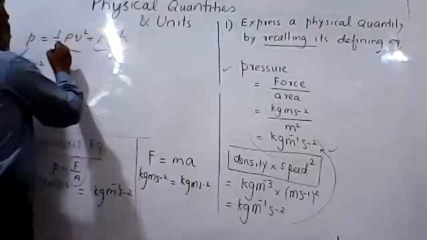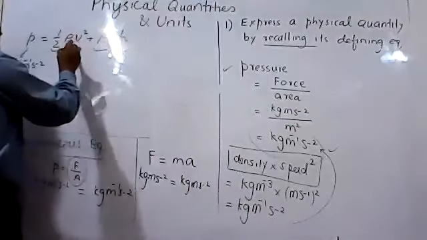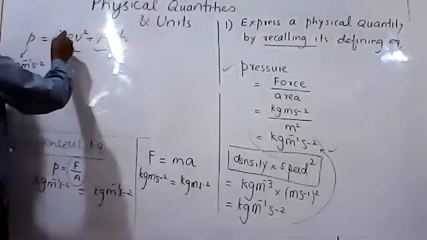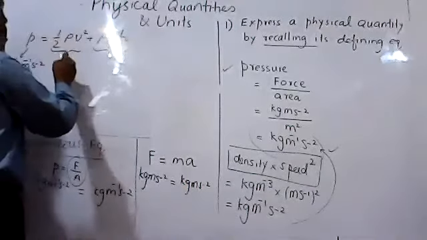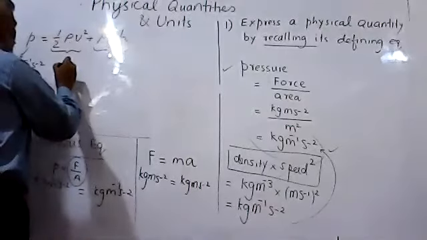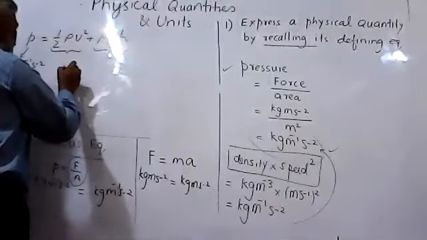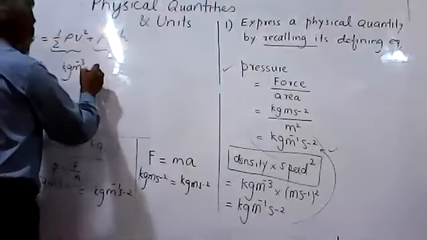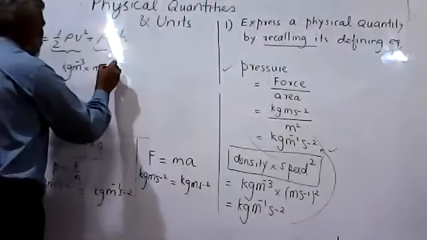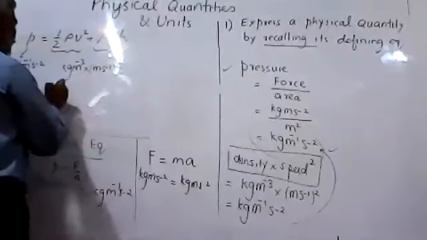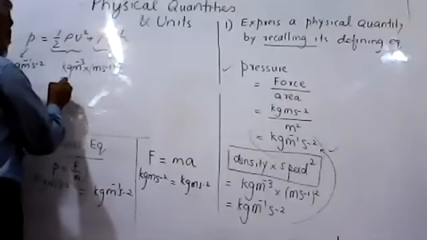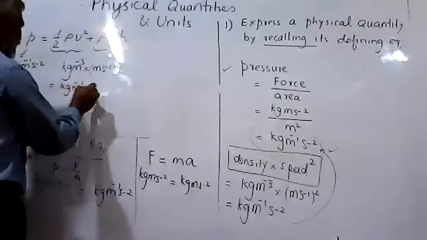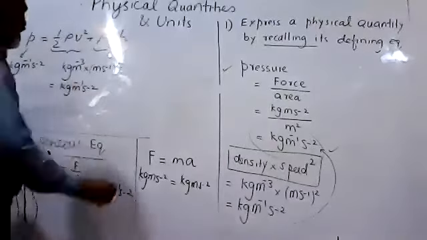This is 1 over 2 rho v squared. Rho is density, v is speed, and 1 over 2 is a constant, so we ignore it. Density, however, is kilogram m to the minus 3 multiplied by m s to the minus 1 squared. And when I simplify it, it becomes kilogram meter to the minus 1 s to the minus 2, which is the same as pressure.